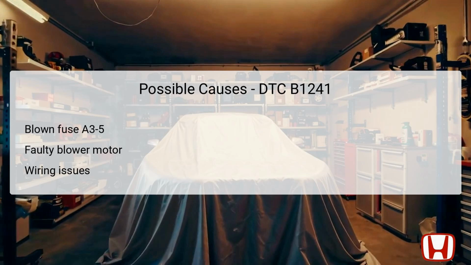Furthermore, wiring issues such as loose connections, damaged wires, or poor grounds could interrupt the circuit's integrity, causing failure in the blower motor's performance. Diagnosing these issues requires careful inspection of electrical components and connections in the blower motor circuit to determine the actual source of the problem.